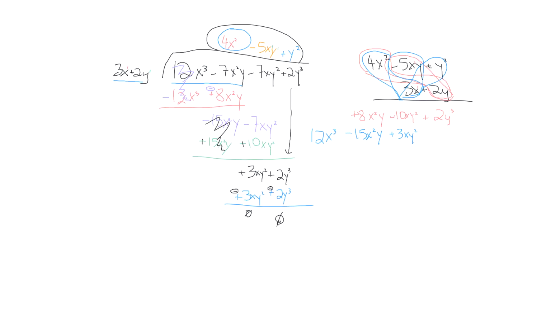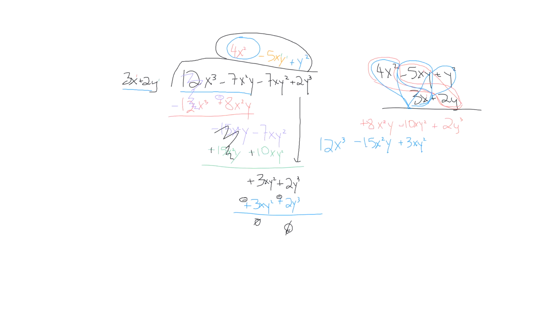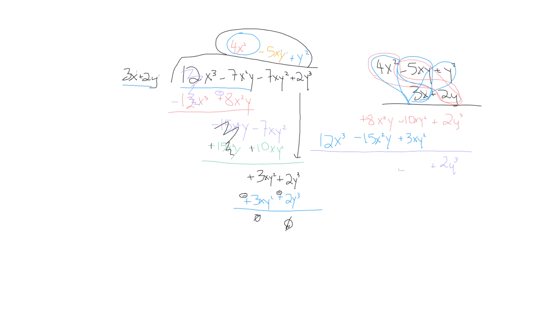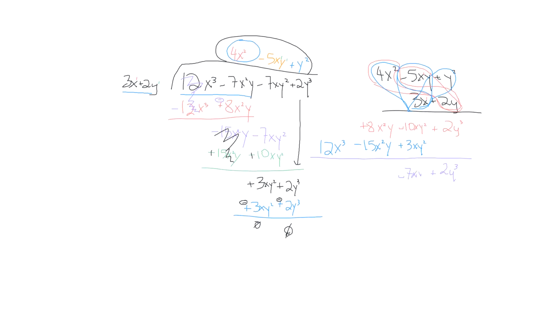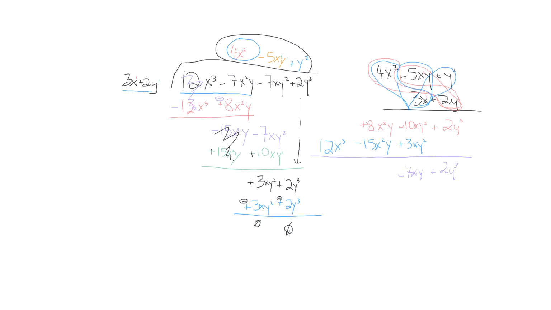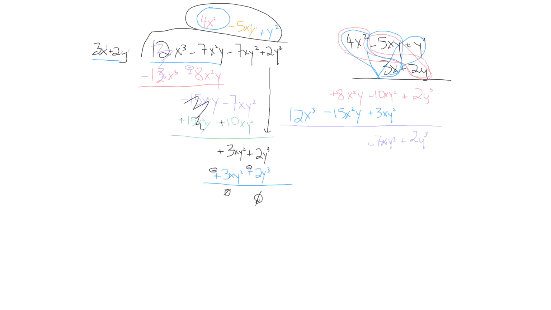And then I'll add those together. 2y cubed plus nothing is 2y cubed. Minus 10xy squared plus 3xy squared is minus 7xy squared. I'm going to fix this minus sign because I don't like how it looks. It's a hot mess. So minus, that's a minus sign.